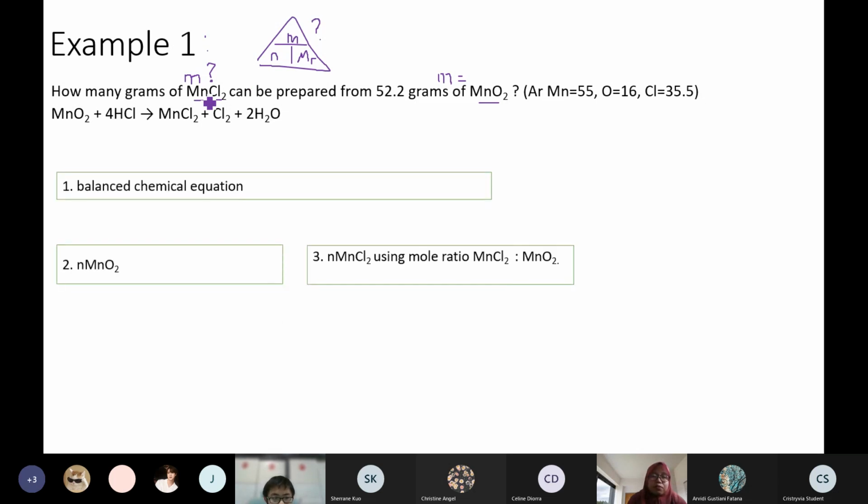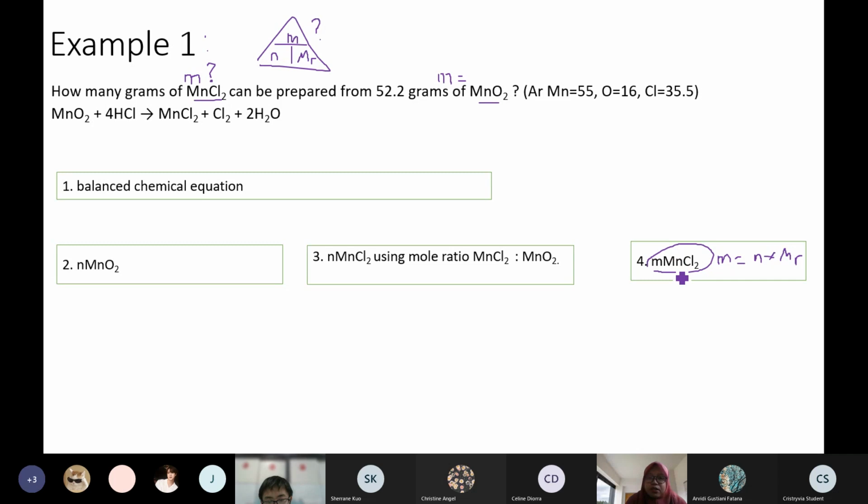So there are 4 steps to solve these problems. We need to know the mass of MnCl2, right? The formula of mass is mass equals mole times Mr. We can calculate Mr from the Ar, but we don't have the number of moles. How to know the moles of MnCl2?